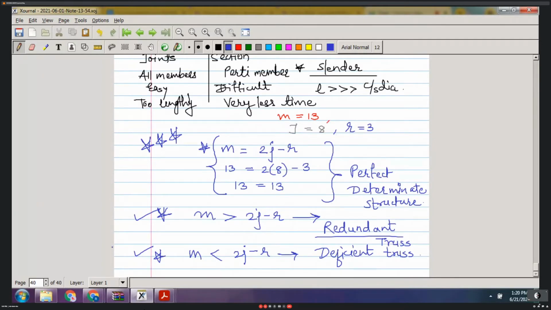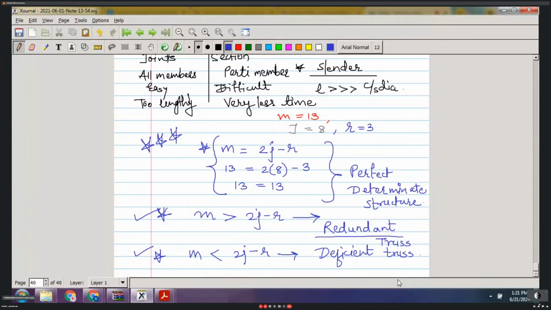I will also tell you how the MCQ problem can come. It can be given that a truss has these many members, these many joints, and it is supported by one hinge and one roller. The options are redundant truss, deficient truss, perfect truss, imperfect truss.